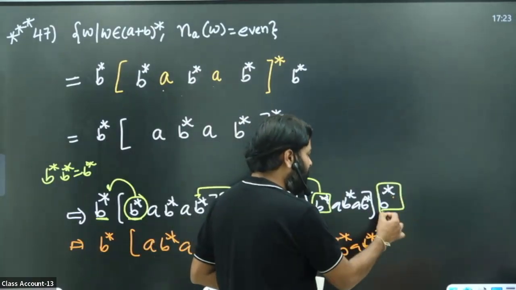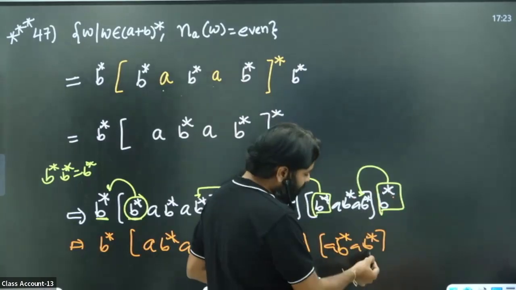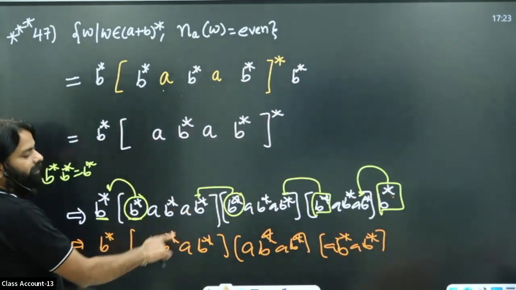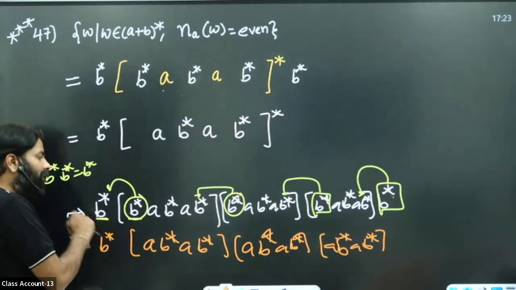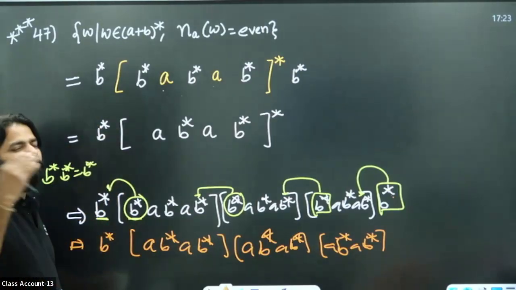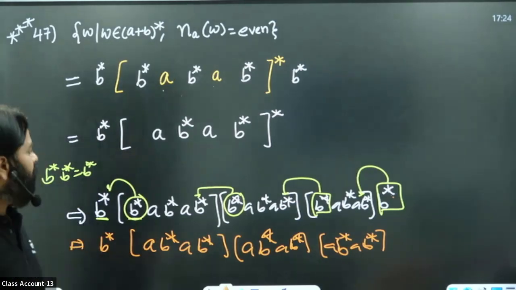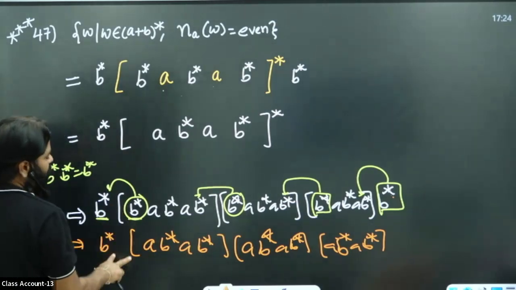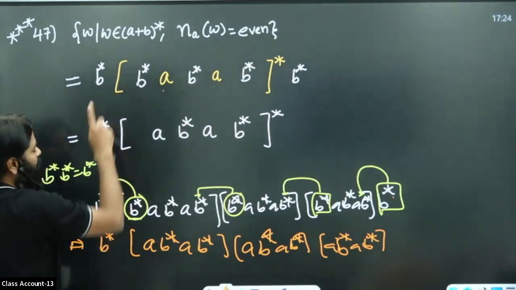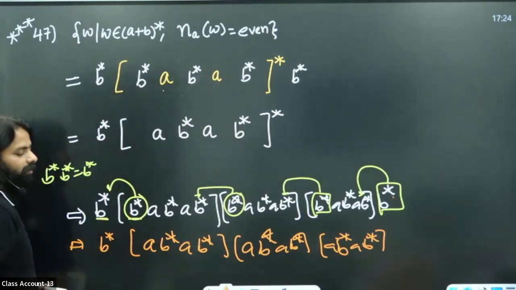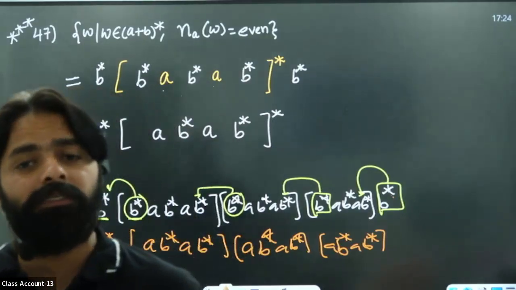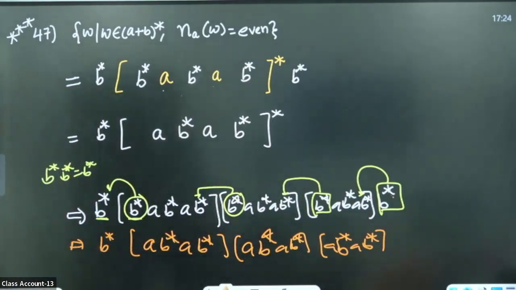But this B star is already covered by this because here B star is there. Now, whatever I have shown in the boxes is actually not required because they come with other B stars. Able to understand? These two generate the same set of strings, but the only difference is that to generate the B's, you can write 2 B stars with this, or only 1 B star with this. Either you will get 1 B star or 2 B stars, but B star is a single B star only if you simplify.